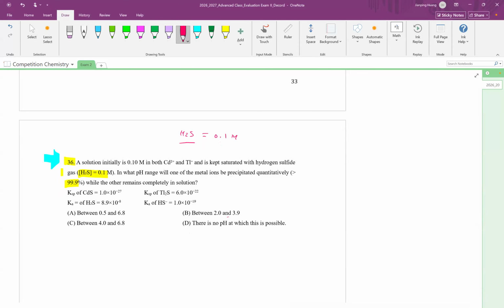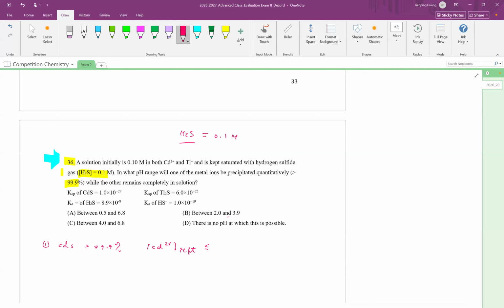Now let's look. The question said you want the Cd, that one you want to come out 99.9%. So in this one, you want the Cd2 plus left to be smaller or equal to what?